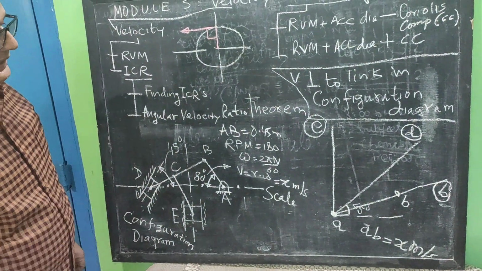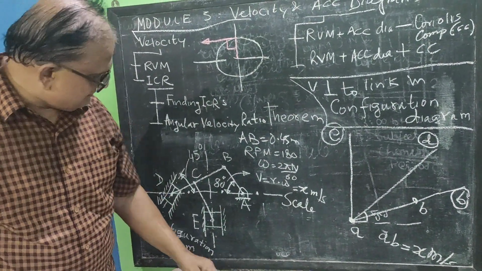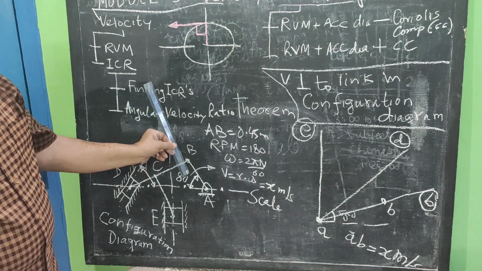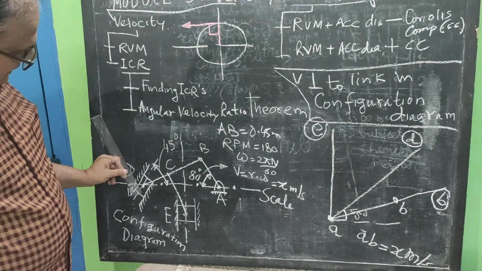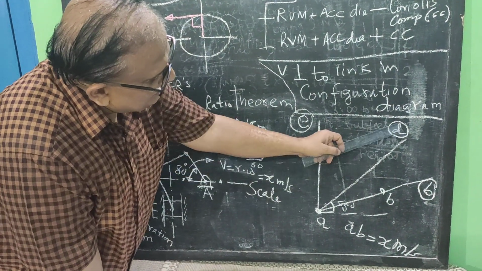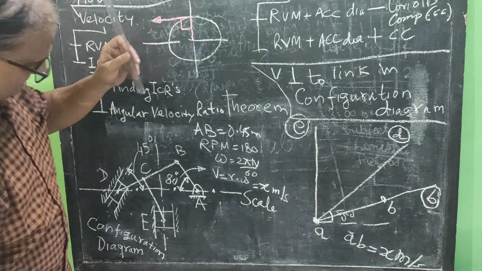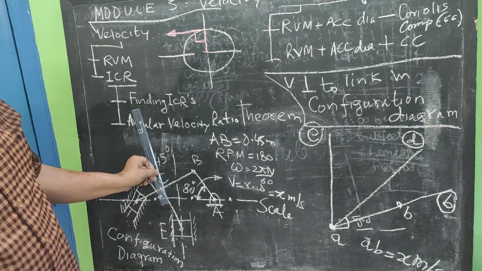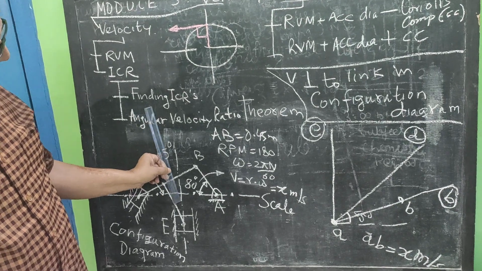How will you find the points D, E and C? Very simple. Take this scale, keep it like this. B point is known, D point is not known. You know that D point you will get somewhere on this line. Okay? So keep your roller scale perpendicular to BD.